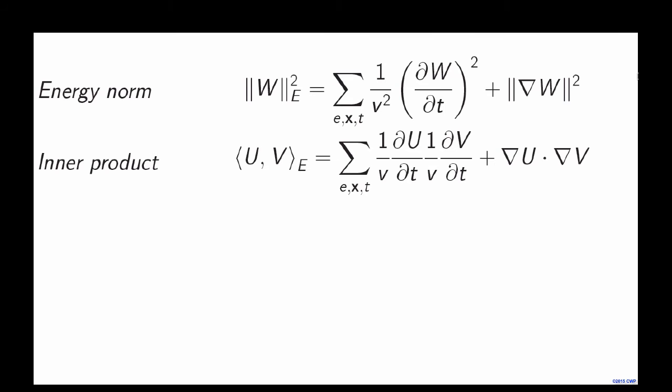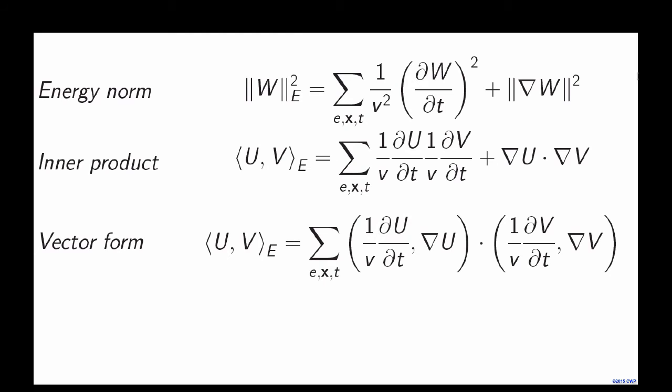We can rearrange these terms in a vector form, as I can show here. And actually, this inner product is a dot product between vectors that are built from each wavefield. So these vectors, as you can see, contain the spatial gradient of the wavefield, and also contain the time derivative scaled by the slowness.